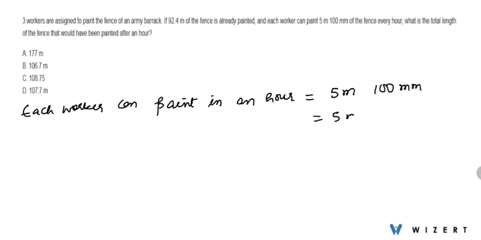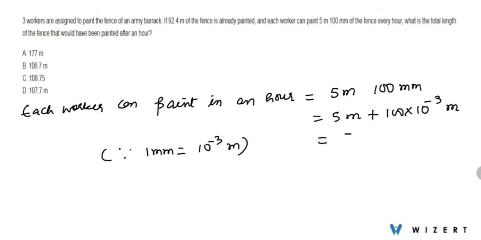We know that 100 millimeter is nothing but 100 multiplied by 10 power minus 3 meter, because we know that 1 millimeter is 10 to the power minus 3 meter. So finally it will be equal to 5 meter plus 0.1 meter, which is equal to 5.1 meter. So 5.1 meter is the value each worker can paint in an hour.